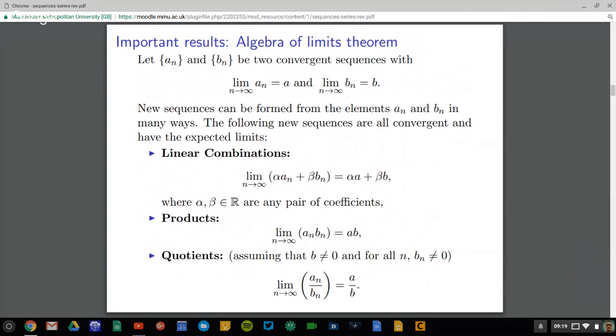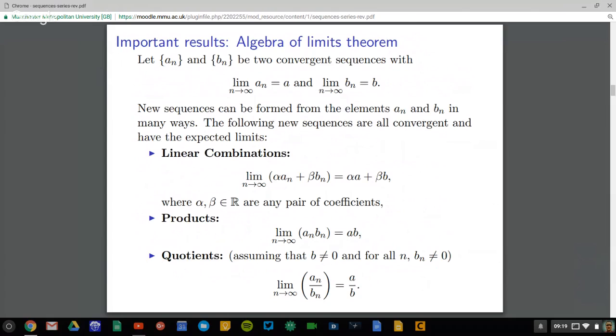And we have three different ways of forming new sequences. We can form a new sequence by taking a fixed linear combination of a_n and b_n. So the nth term of our new sequence is alpha a_n plus beta b_n, where alpha and beta are two fixed coefficients.